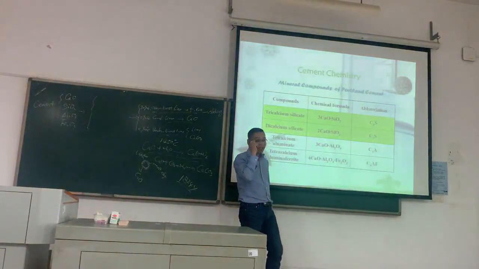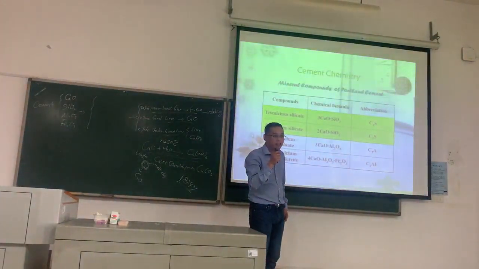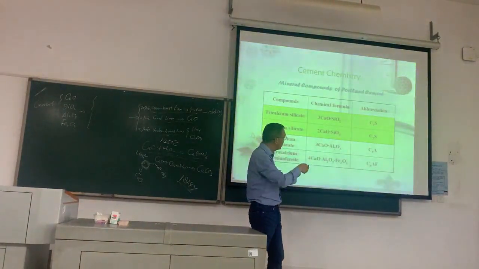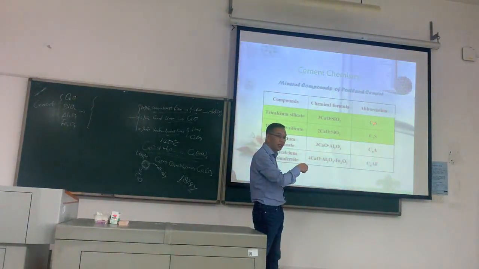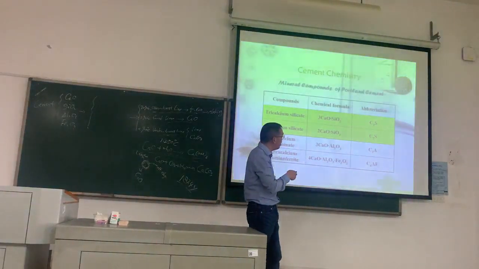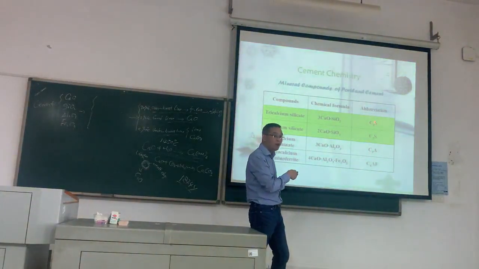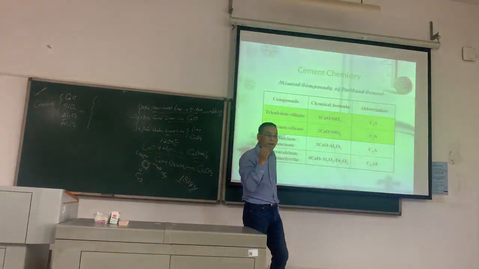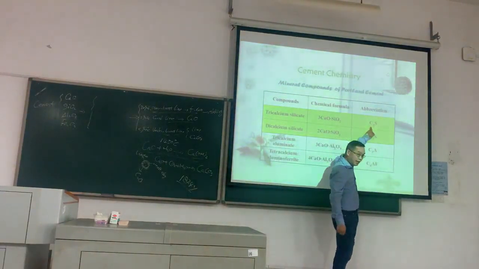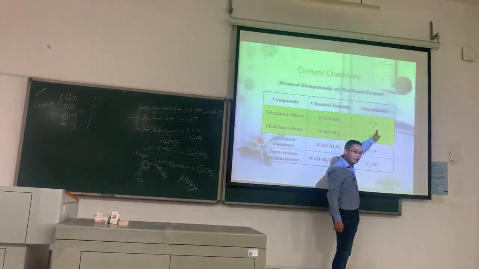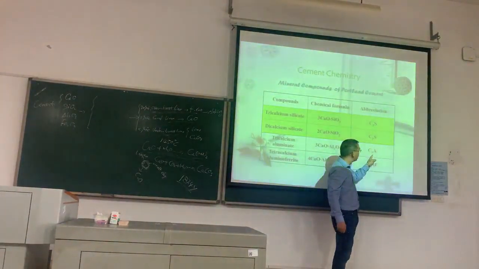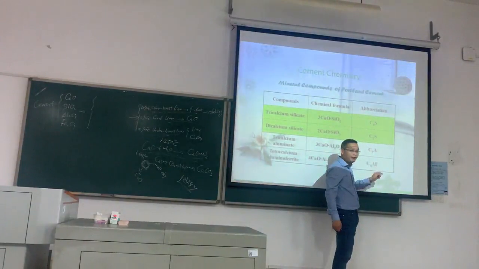But the most important for us is to remember the abbreviations of these 4 kinds of minor compounds. Maybe this is C3S, C2S, C3A, C4AF.